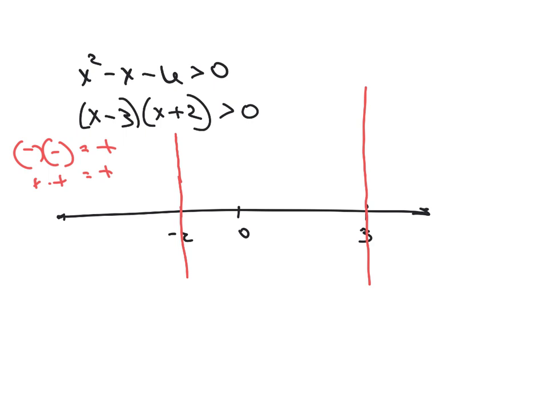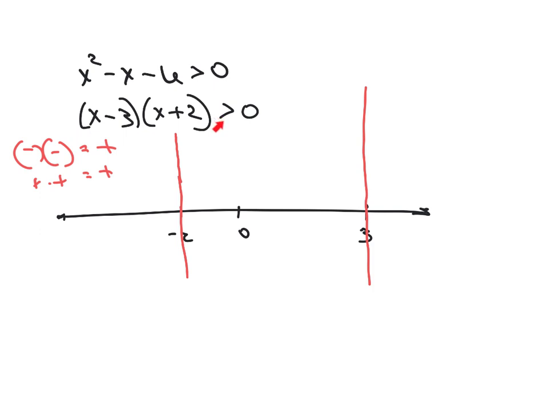Okay, either both of these, when I take x minus 3, I've got to get a positive number, x plus 2, I got to get a positive number, so that when I multiply, I get a number that's positive and greater than 0. Or when I put a number in here and subtract 3, I get a negative, and when I put that number in here, I also get a negative, so that a negative times a negative is a positive, which is greater than 0.